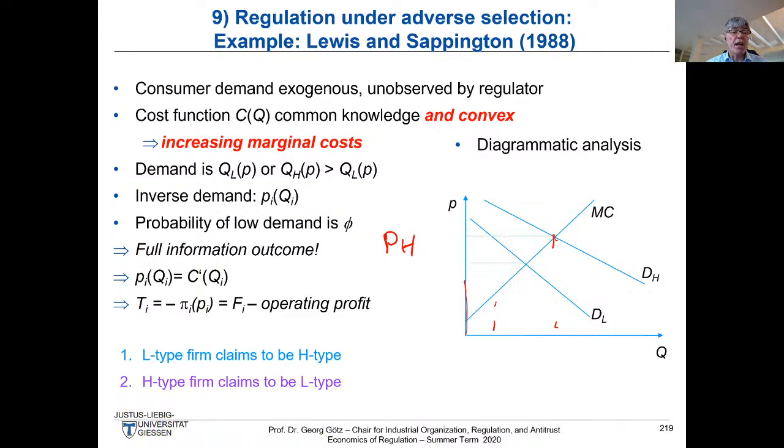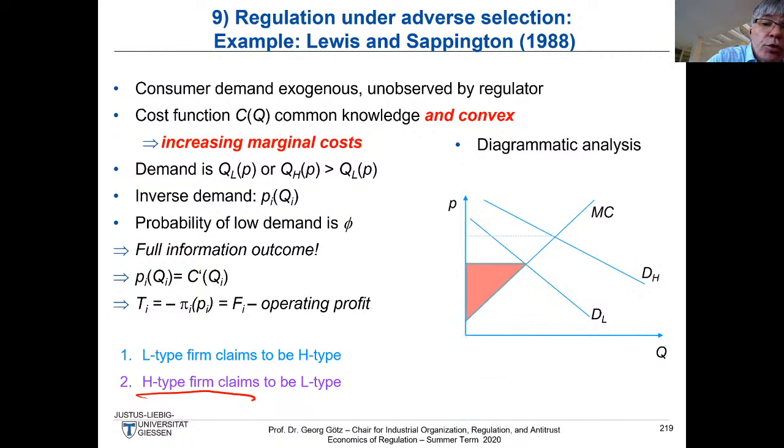It hopefully becomes even clearer once we look into how the world looks for a high type who claims to be a low type. First of all, what is the situation for a low type?